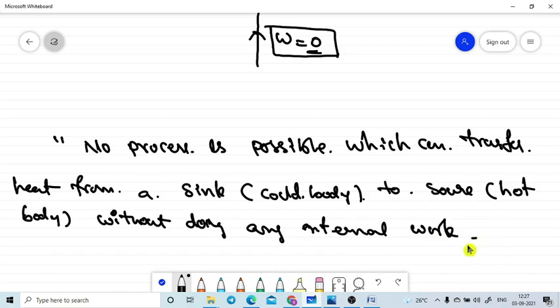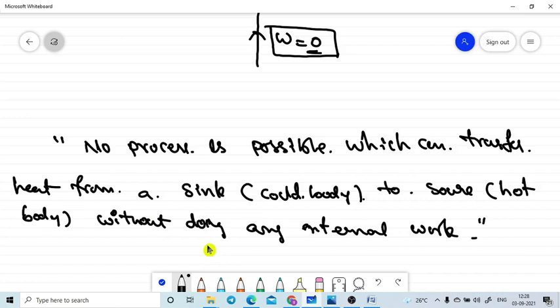So this is the definition. It is related to the limitation of the coefficient of performance of the refrigerator.